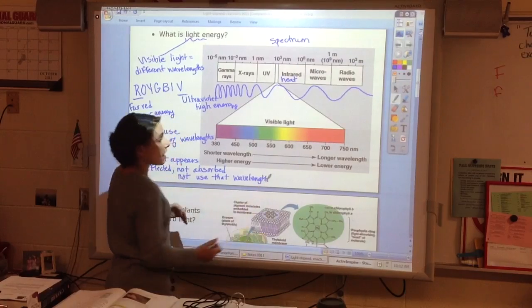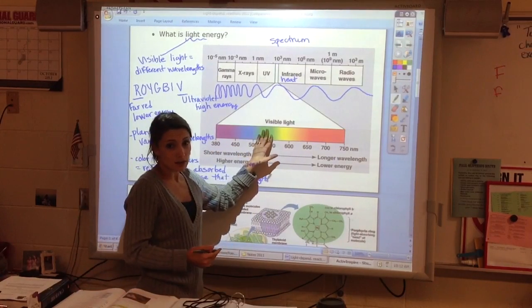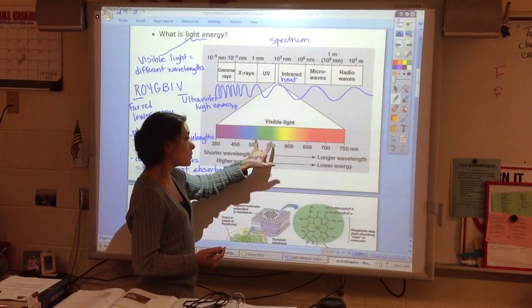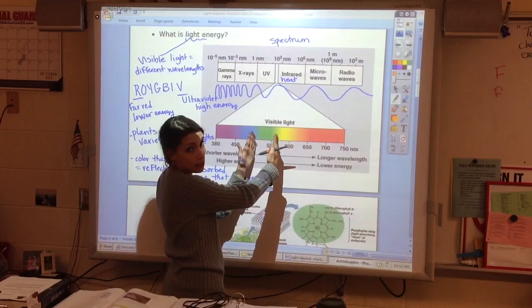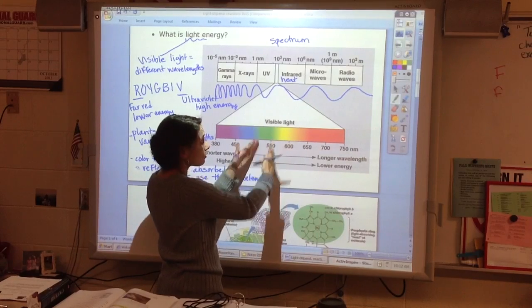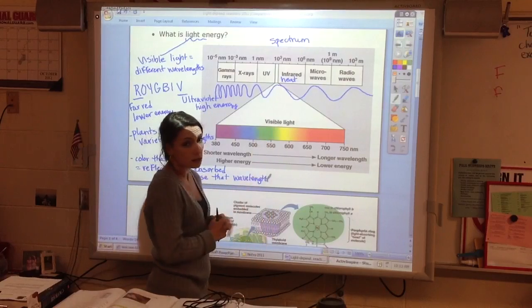So when you look out at a plant, we are used to seeing them be green. And that's because most plants cannot absorb that color light. The reason that plants appear green is because they are reflecting that colored light.